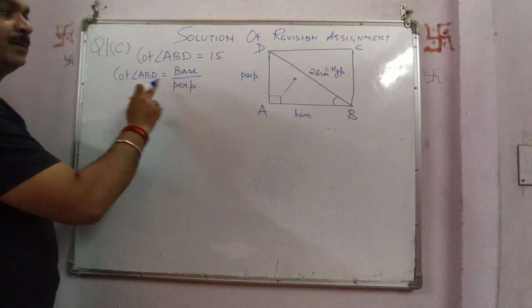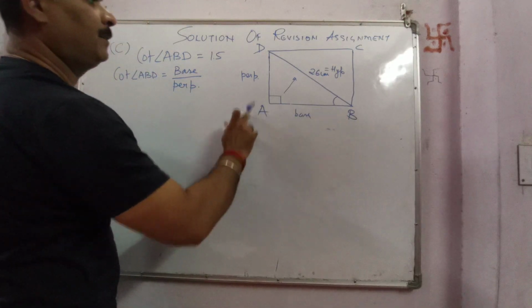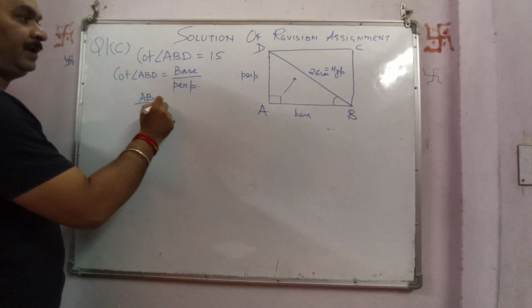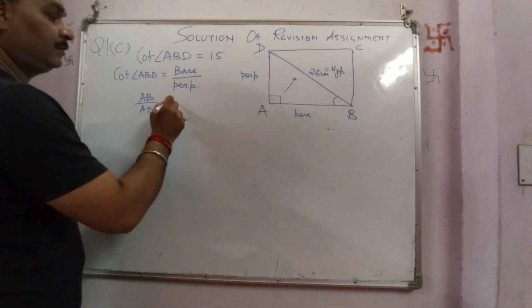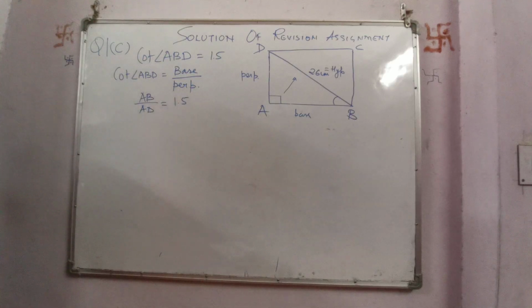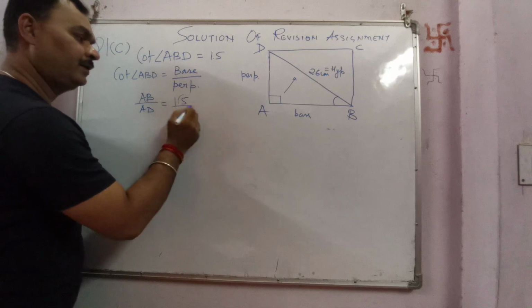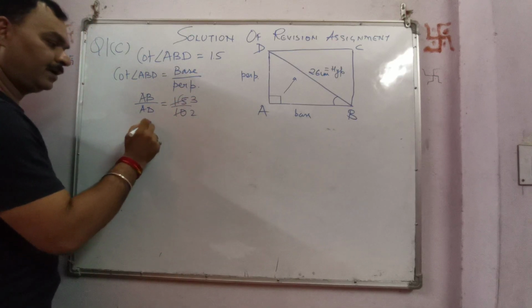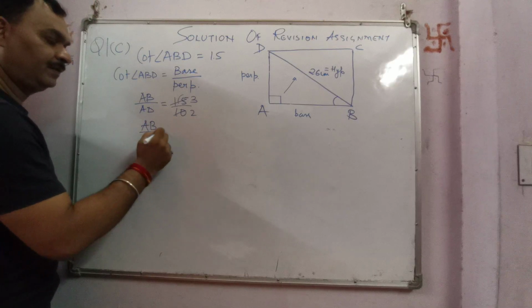So cot of angle ABD can be written as AB upon AD, which is equal to 1.5. Or you can remove this point: 15 by 10, that is AB by AD is equal to 3 by 2.